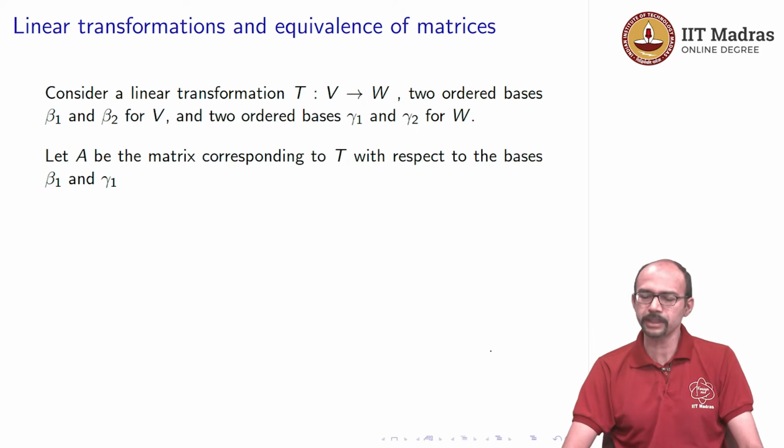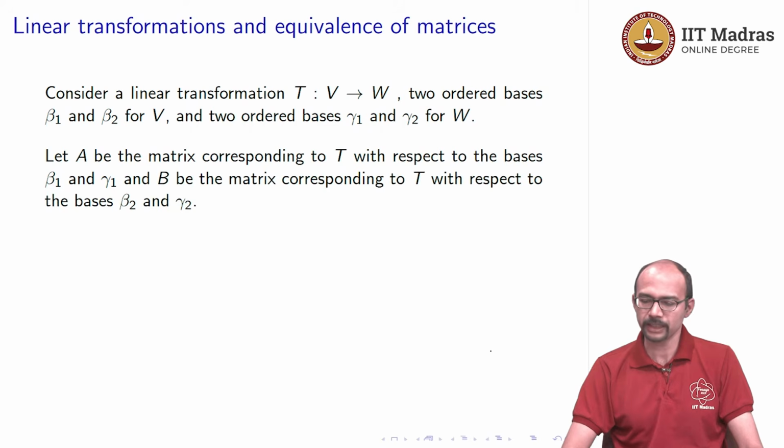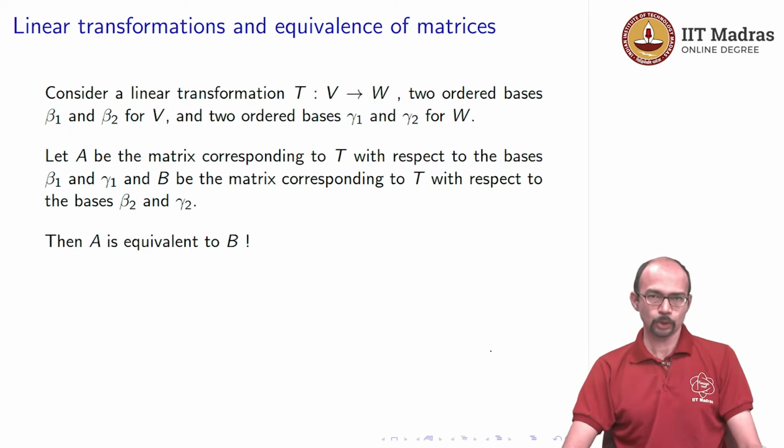So, we took A to be the matrix corresponding to beta 1 and gamma 1. Similarly here you take A to be the matrix corresponding to T with respect to the bases beta 1 and gamma 1, and you take B to be the matrix corresponding to T with respect to the bases beta 2 and gamma 2. This is exactly what we did in the previous example. Okay. Then A is equivalent to B. So, the previous example is an example of this phenomenon that we have mentioned here.